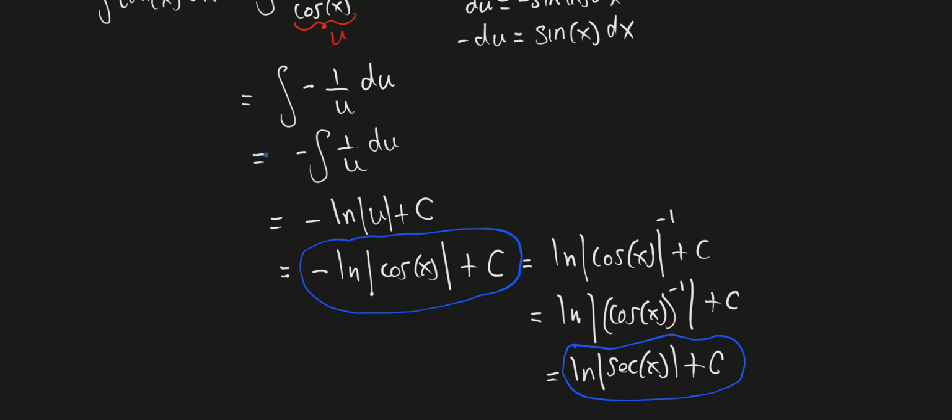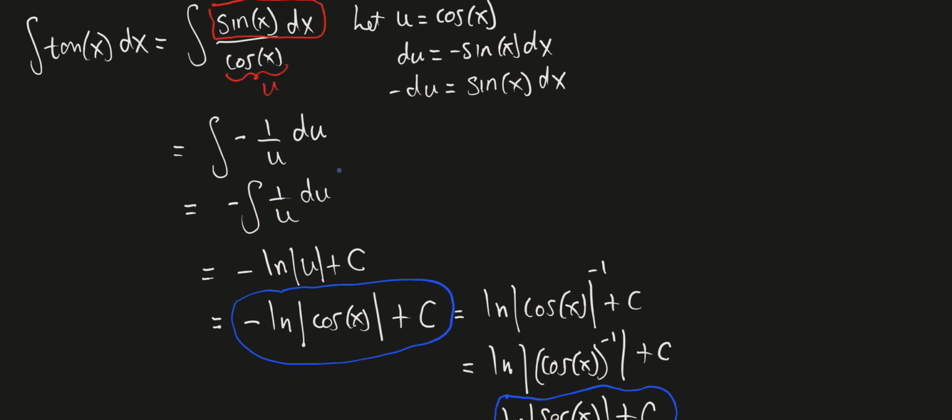Now it turns out that it's very similar for cotangent. The antiderivative of cotangent is the natural log of the sine function. So the antiderivative of the cotangent of x is the natural log of the absolute value of sine of x plus c.